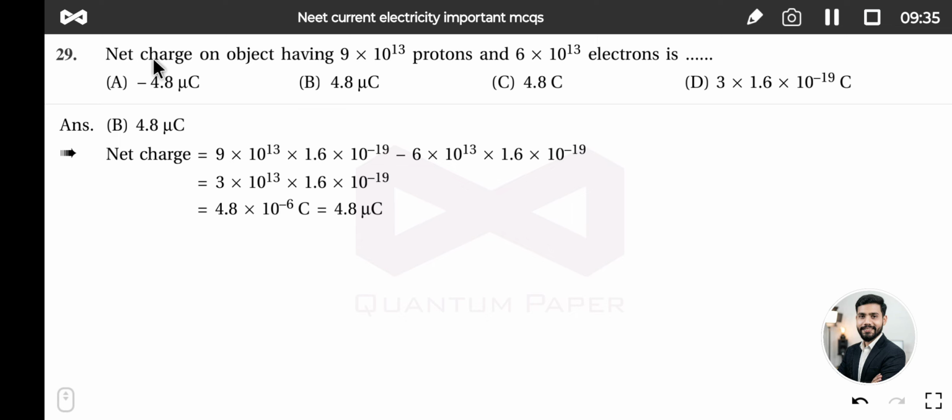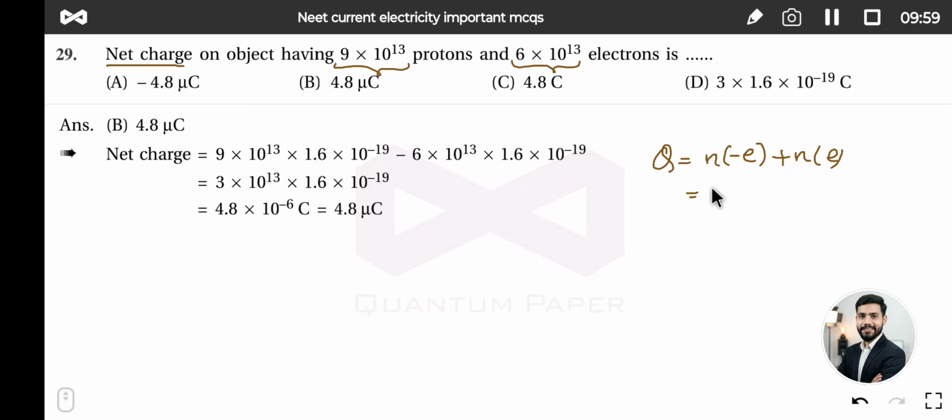Again the same type of question, but here we have to find only the net charge of an object having 9 into 10 raised to 13 protons and 6 into 10 raised to 13 electrons. So again the same formula, Q is equal to N times e, for electron we will use minus e and for proton we will use plus e. So how many protons and electrons are there?